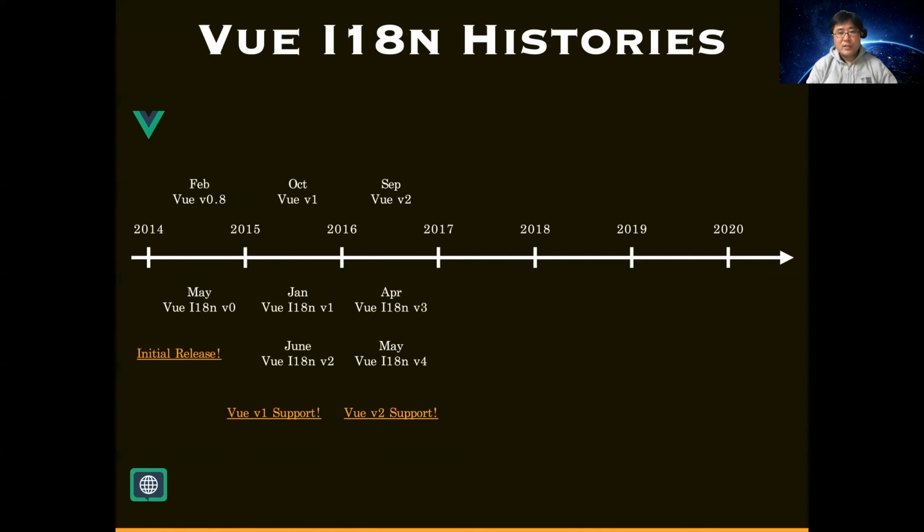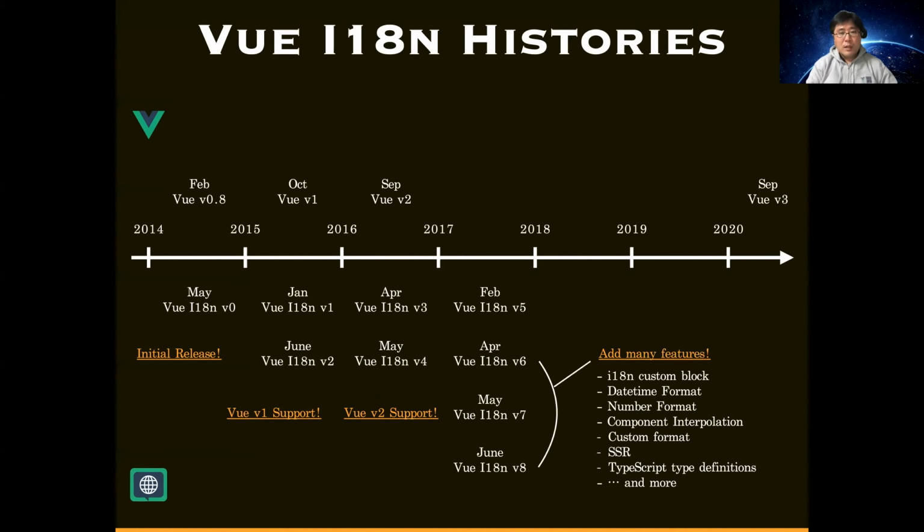From 2016 to 2017, around the same time Vue version 2 was released, we released Vue I18n version 3 and version 4. In that release, we supported Vue version 2. After Vue version 2 had been released in 2017, Vue made several minor and patch releases.